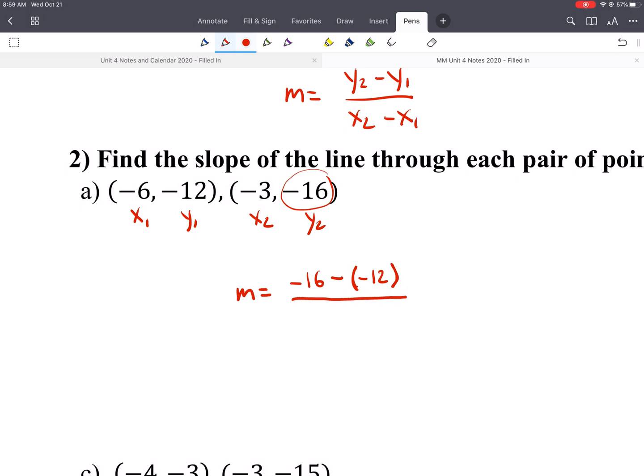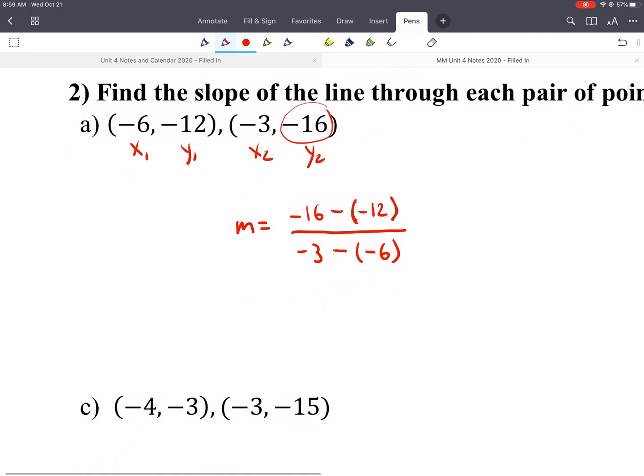Then we'll do x2, which is negative 3, minus x1, which here is a negative 6. So that gives us negative 16 plus 12 over negative 3 plus 6.